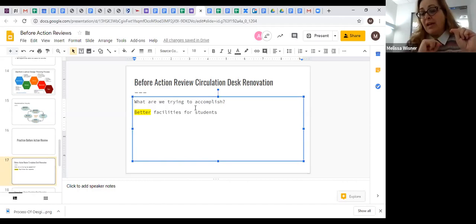So if what you're trying to accomplish is better facilities for students, in addition to the refining of better to have a measure and a target for what better facilities are, that should be reflected somehow in a success measure. Because if that's what you're trying to accomplish, you should have an impact measurement for success. Students can find a desk and place to sit in busy, absolutely.